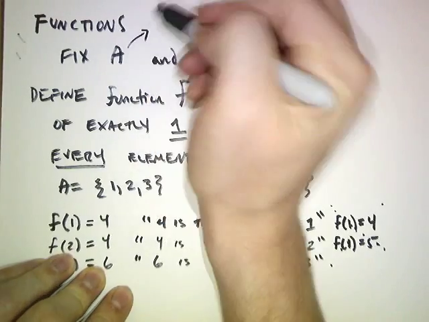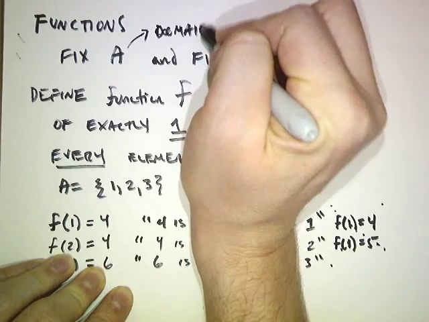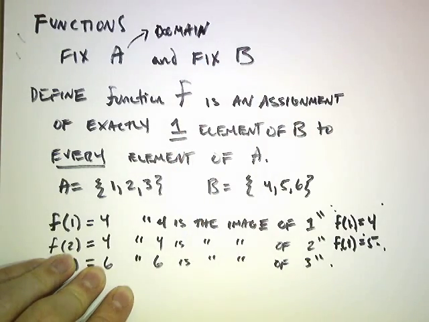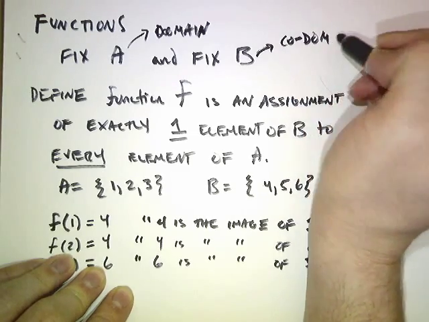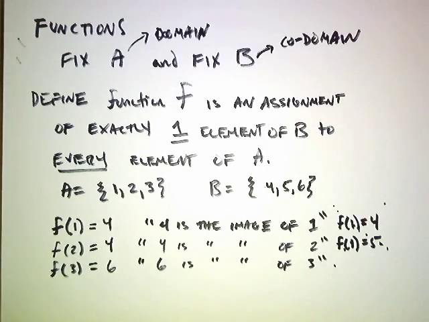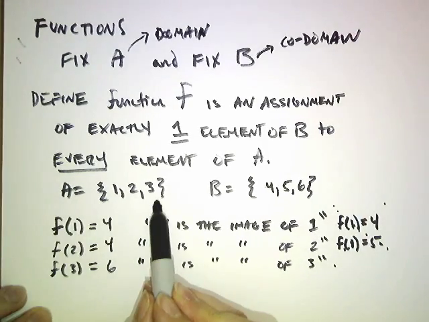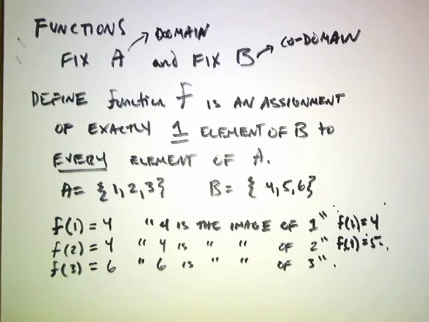A is called the domain of the function, and B is called the codomain. So in this case, the domain of the function is 1, 2, 3, and the codomain is 4, 5, 6.